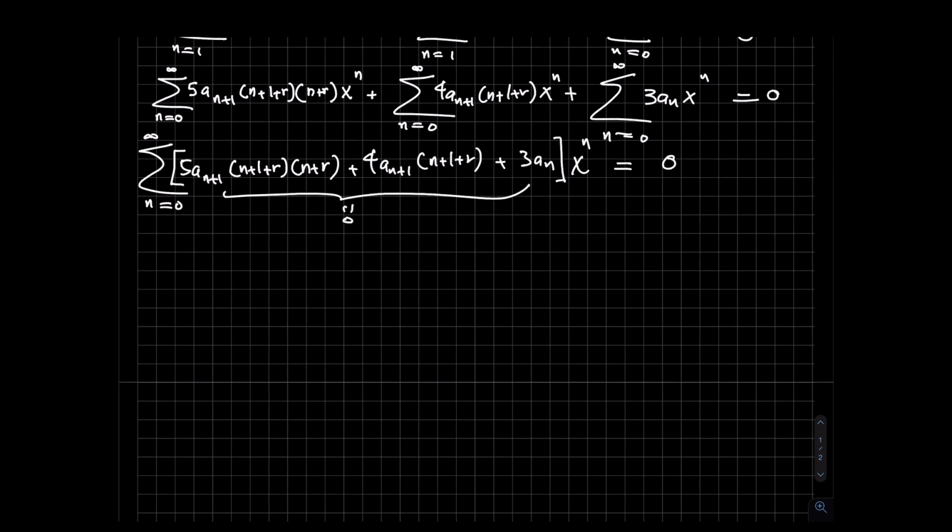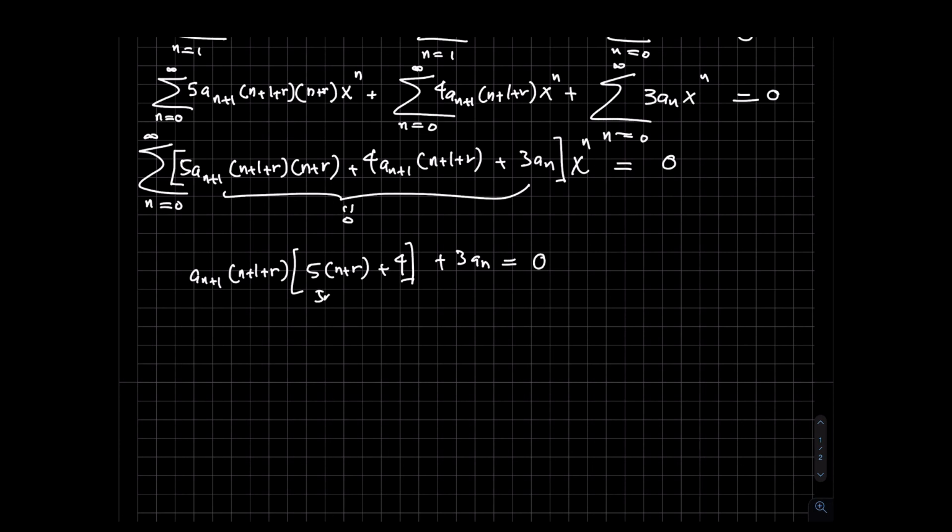So I have the n plus 1 terms I can pull together. So I have a_(n+1). So I pull out the n plus 1 plus r. So I have 5, n plus r, and here I'll have 4 a_(n+1) that comes out, and you'll just have 4, that's right, plus 3 a_n, and that's equal to 0.